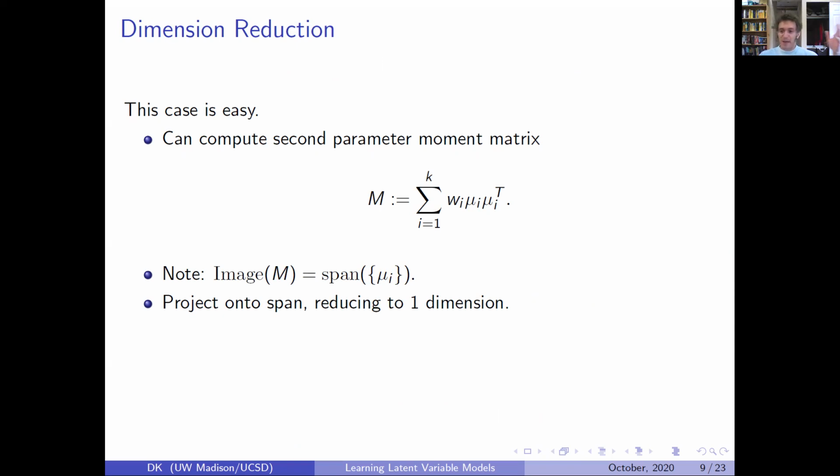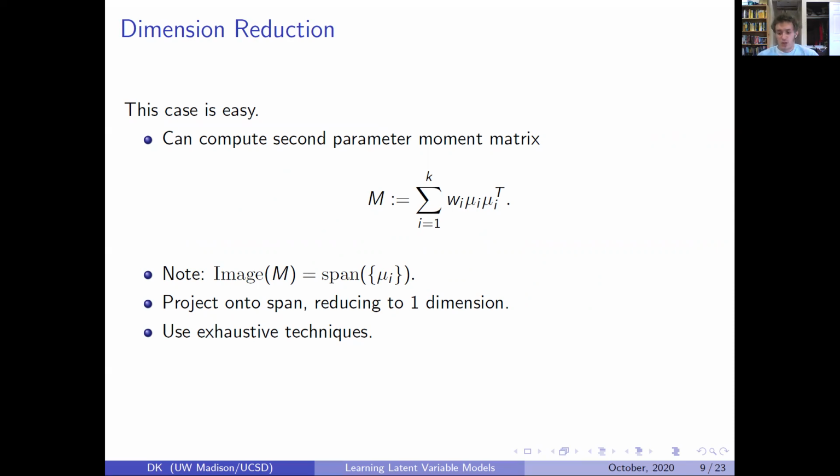And so in this example, all of the means lie on a line. So the span of all the means is a one-dimensional or maybe two-dimensional subspace. You can figure out what that subspace is just from M. You can project everything down and you can solve it. Because once you're in 1 or 2 dimensions, again, there are exhaustive techniques that work perfectly well. So this defeats that problem.